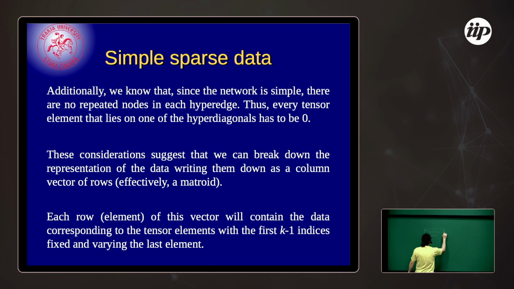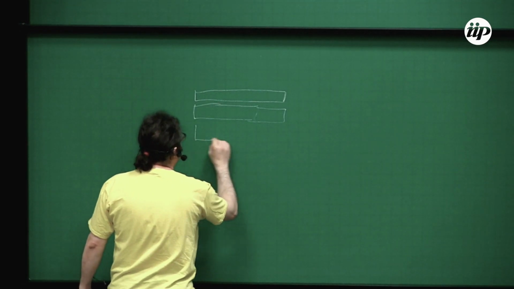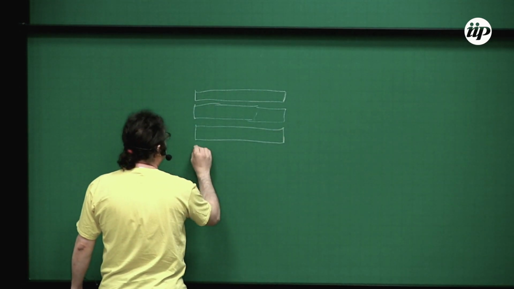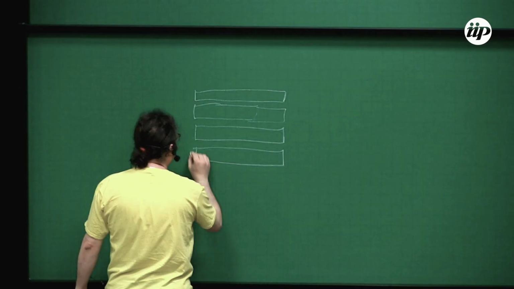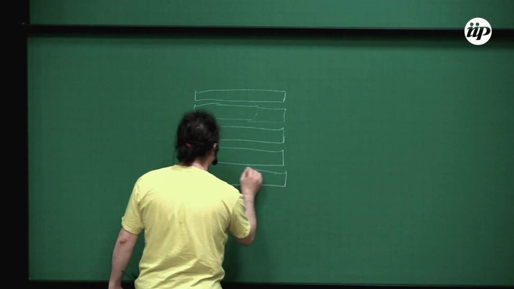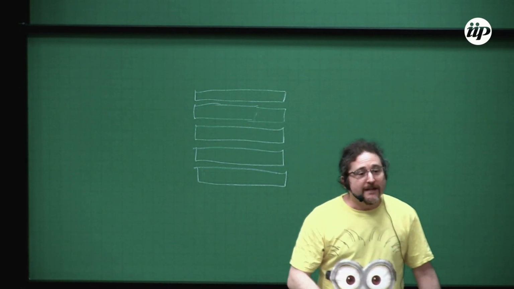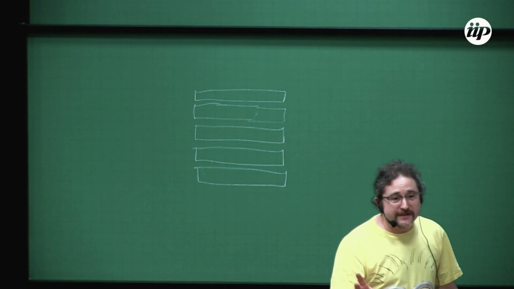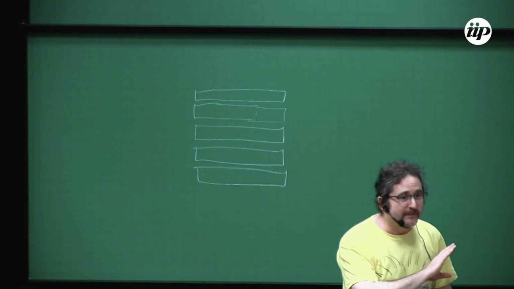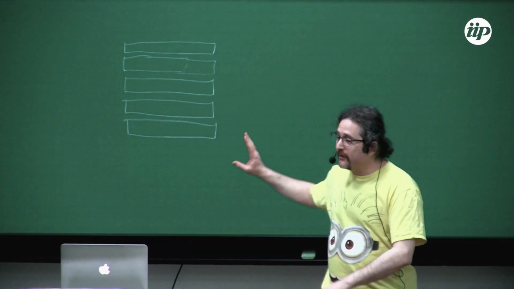Actually, for the moment, let me write it this way, sorry. We make a vector, and this vector is a vector of rows. Now you see, a vector of rows is basically a matrix. Kind of; this is not going to be a matrix, this is going to be a matroid at the end. But for the moment, let's just look at it like this.